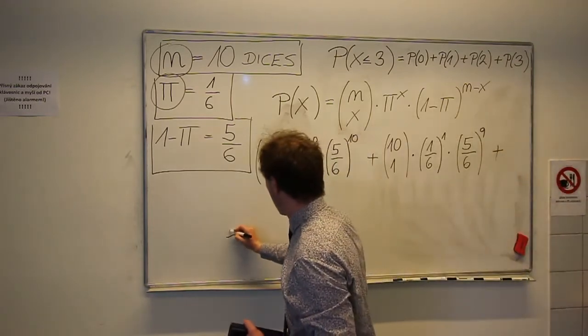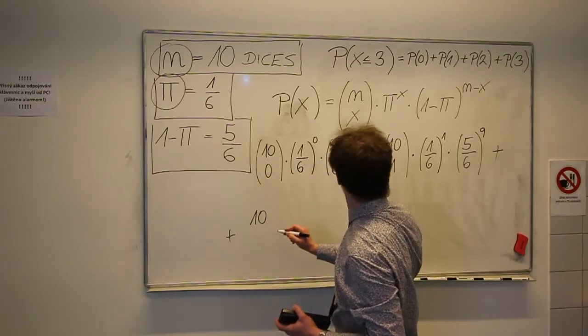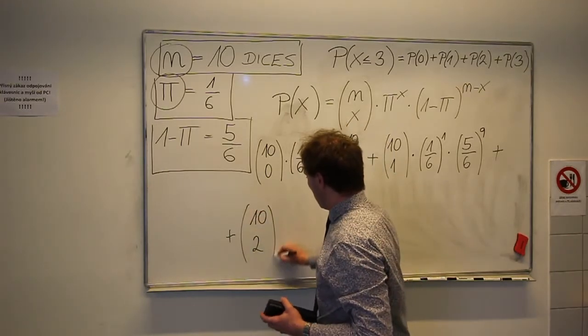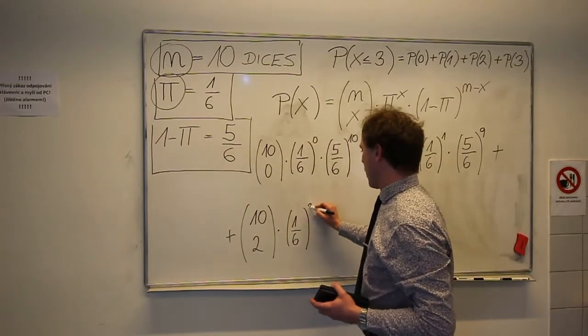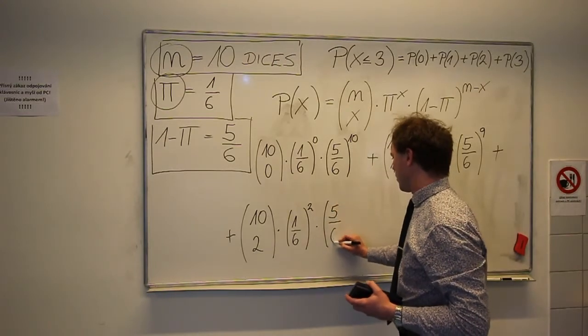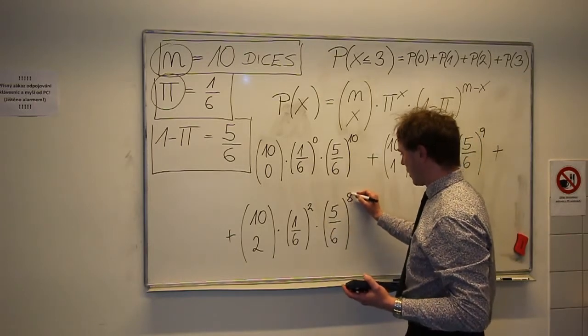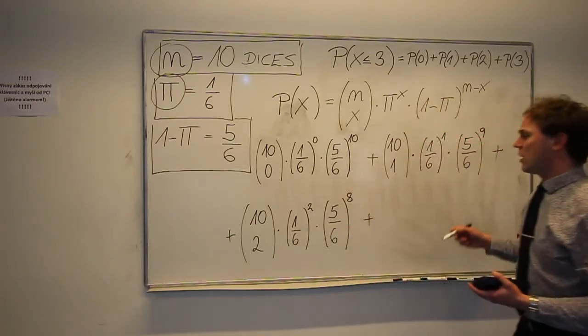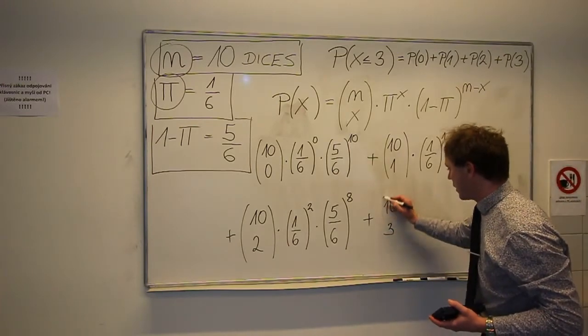Yes, then we can continue, plus 10 above 2, multiplication 1 divided by 6 powered by 2, and 5 divided by 6 powered by 8. Yes, plus the final value 10 above 3.